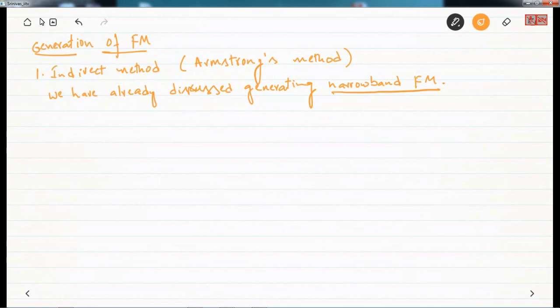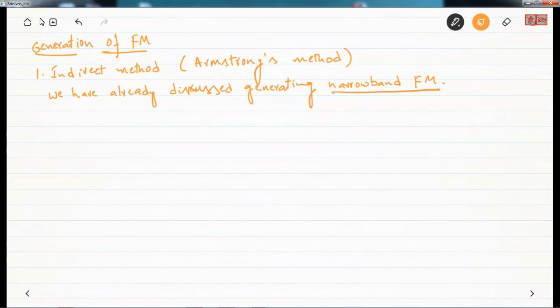If the carrier frequency is 100 megahertz, the frequency deviation can be as high as 75 kilohertz in wideband FM, whereas in narrowband FM it can be as low as 1 kilohertz or 2 kilohertz or 3 kilohertz, whatever. So the amount by which the frequency deviates from the carrier frequency is small in narrowband FM, and high in wideband FM.